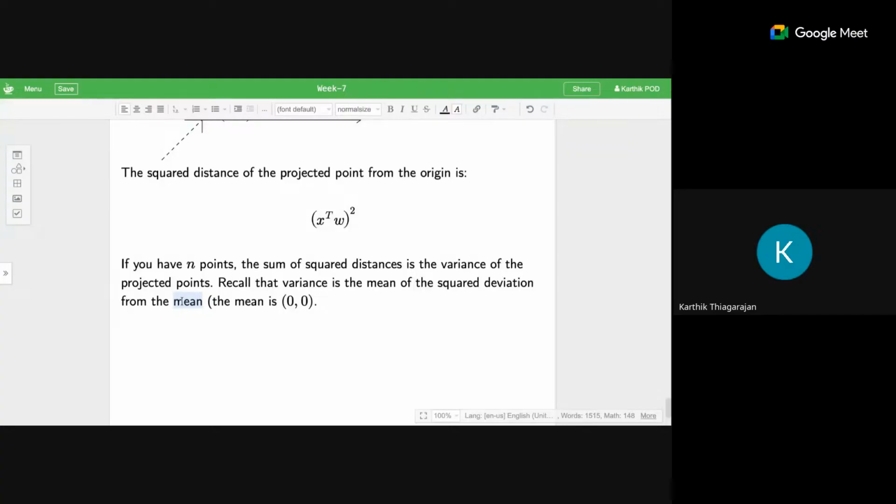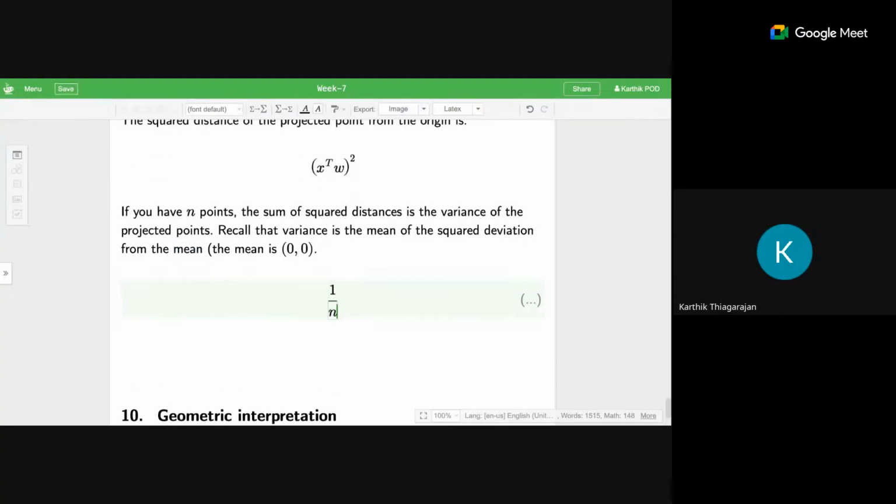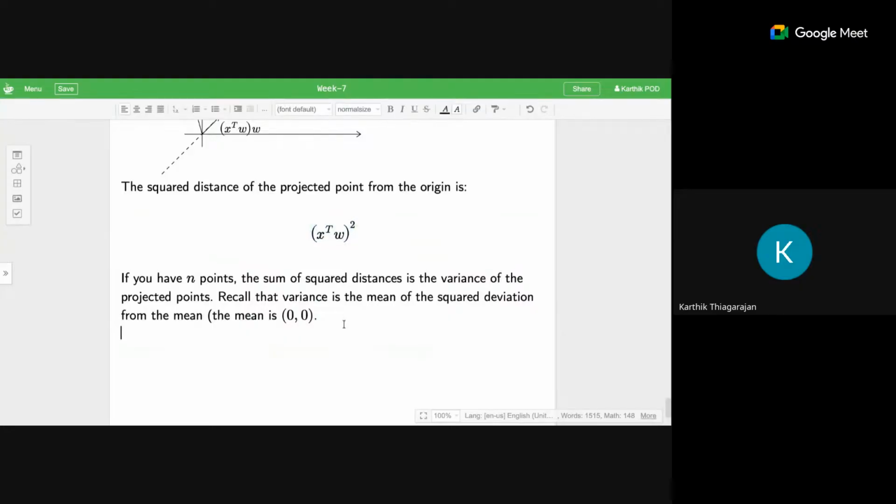Okay, I hope you understand what we mean by that. So 1 by n, which is like the mean of, so first of all we take square distances. We just said that this is the square distance from the origin. So this is xi transpose w squared. Okay, this is x1 transpose w, right? So this is one data point's square distance from its mean.